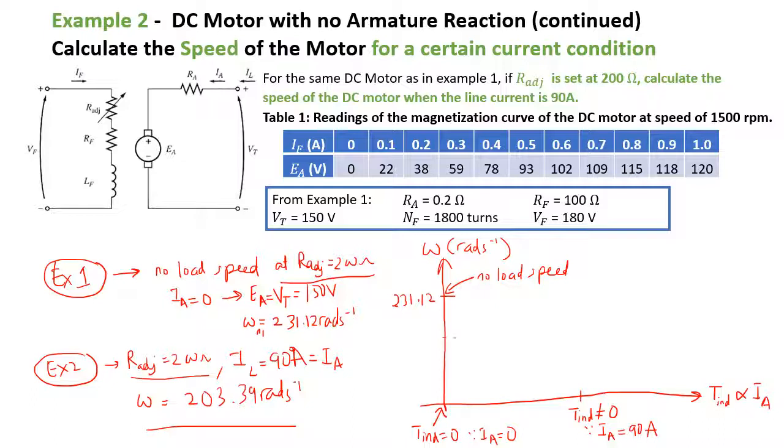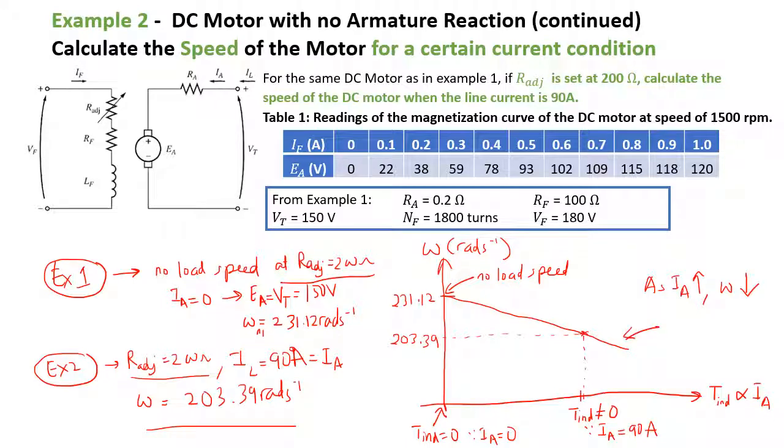We find that the speed was 203.39, which is lower than the no load speed. So if we were to plot this on a graph, it is a straight line. Let me draw that better. So connecting these 2 points, we find that as IA increases, the speed will reduce.